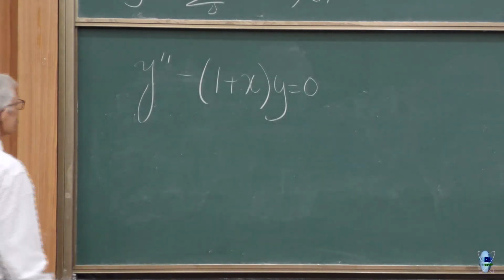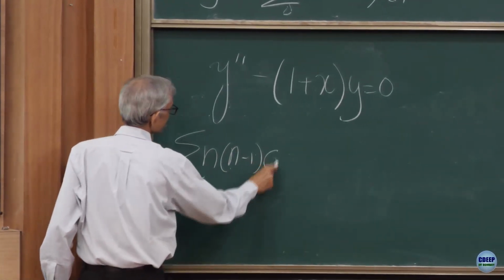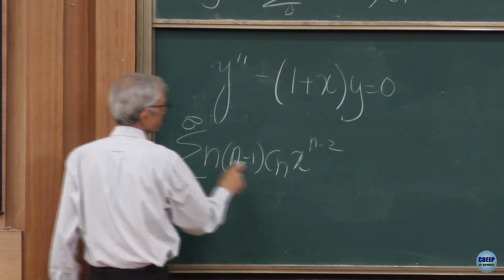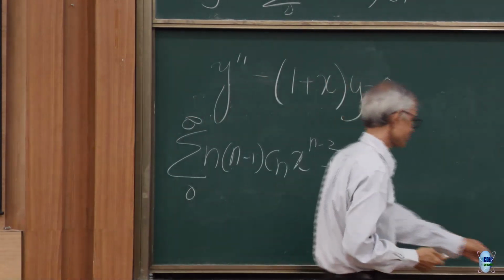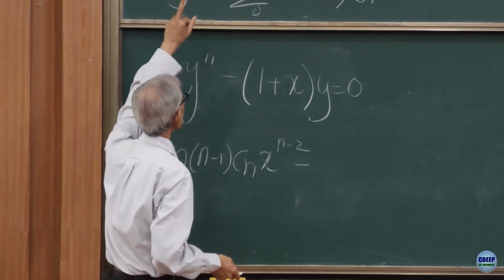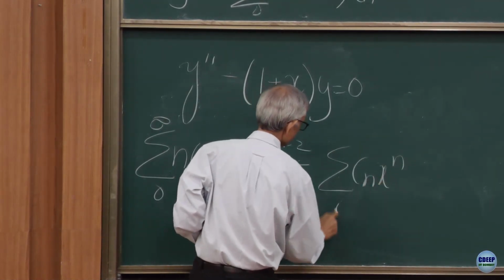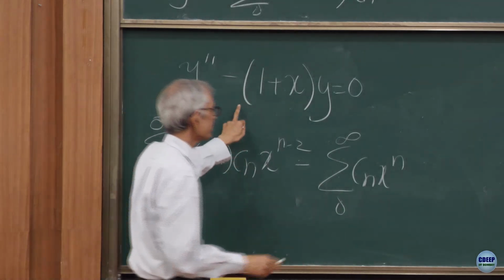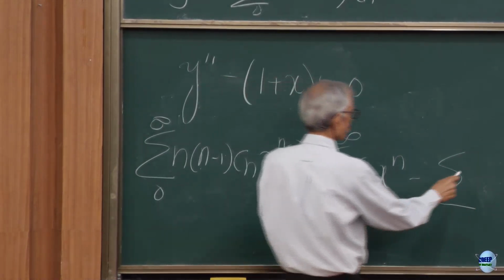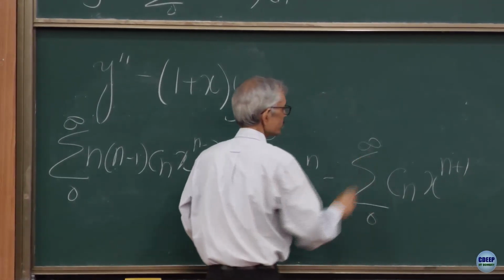So y double prime, we can plug it in. This is n times n minus 1 Cn x to the n minus 2, limits 0 to infinity, minus 1 times y, so the y is the summation of Cn x to the n, 0 to infinity, and then minus x times y, so x times y is Cn x to the n plus 1, again 0 to infinity.